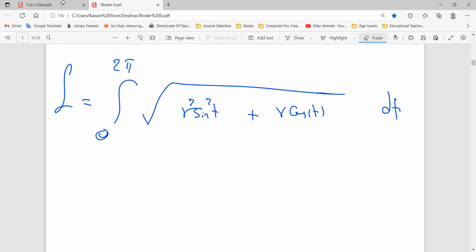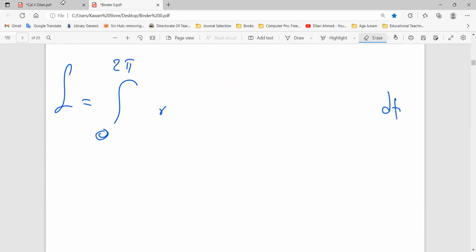And also we have r squared cosine squared. If I bring out r squared as a common factor, of course I'll get sine squared plus cosine squared. And I know sine squared plus cosine squared is equal to 1. So I got only r.